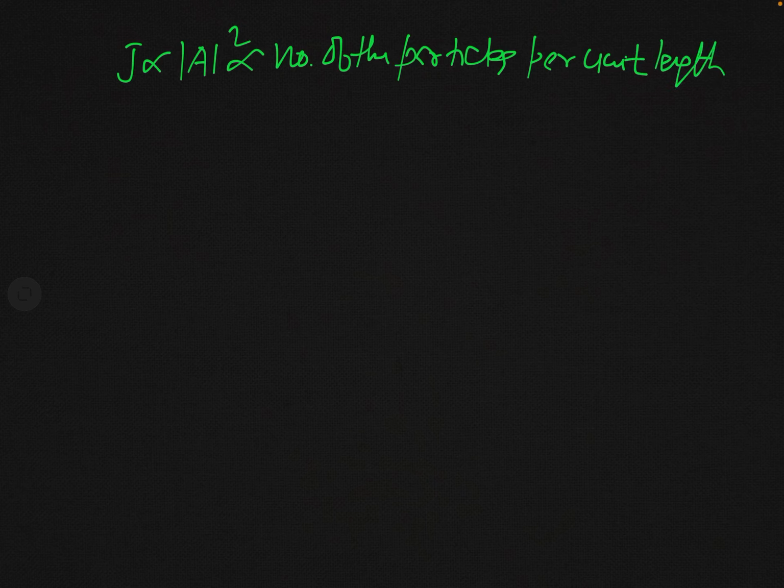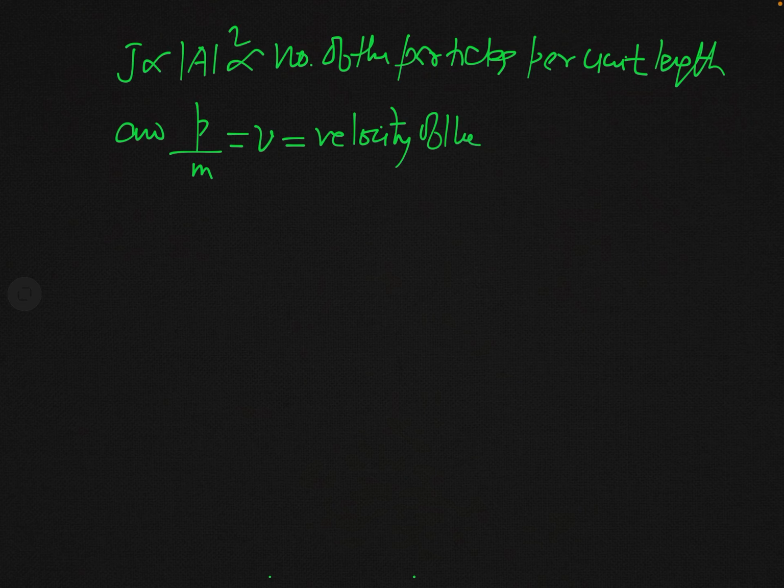Here space is one dimensional, so we say number per unit length, and we know that p by m is equal to v, the velocity of the particle.